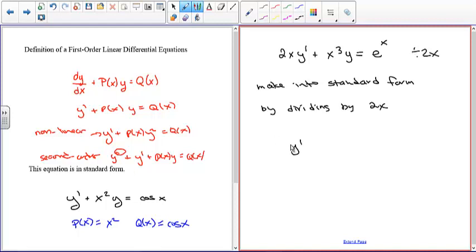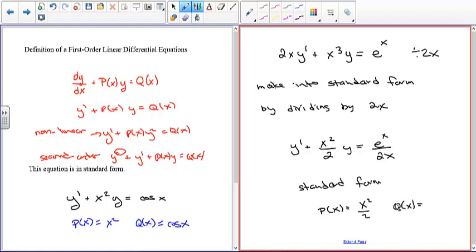So I'll get y prime plus x squared over 2 times y is equal to e to the x divided by 2x. You can see I've canceled out one of the x's here. So that's standard form. And so I can say p of x equals x squared over 2, and q of x equals e to the x over 2x. So that's what it means.